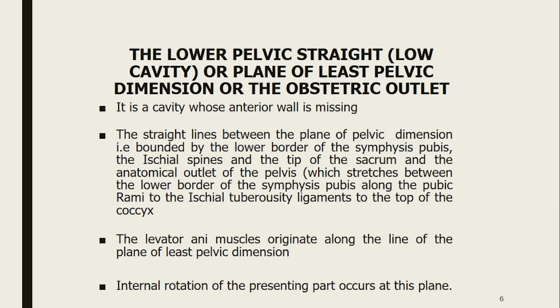The levator ani muscles, which are part of the expulsive muscles of the pelvic floor, arise from the line of the plane of least pelvic dimension. Internal rotation of the presenting part occurs at this plane in labor.